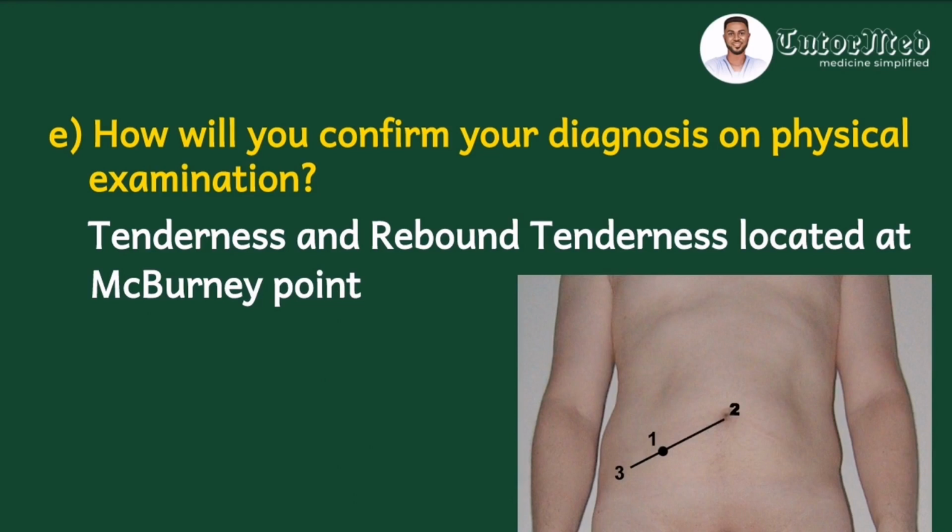It is the point between the medial 2/3 and the lateral 1/3 of an imaginary line drawn from the anterior superior iliac spine to the umbilicus, so that is the region represented by the number 1, and so that is McBurney's point. And if you have tenderness and rebound tenderness located there, maximal at that point, acute appendicitis may be likely.